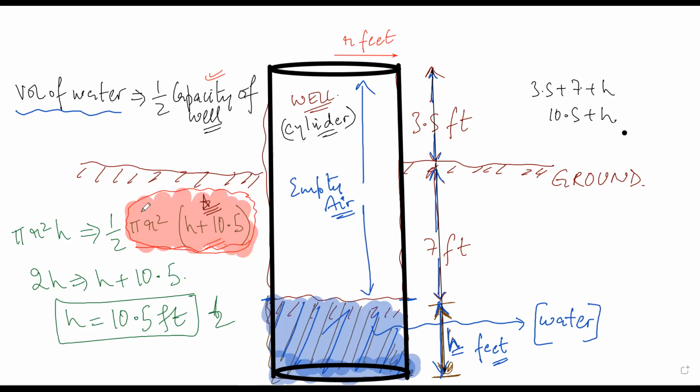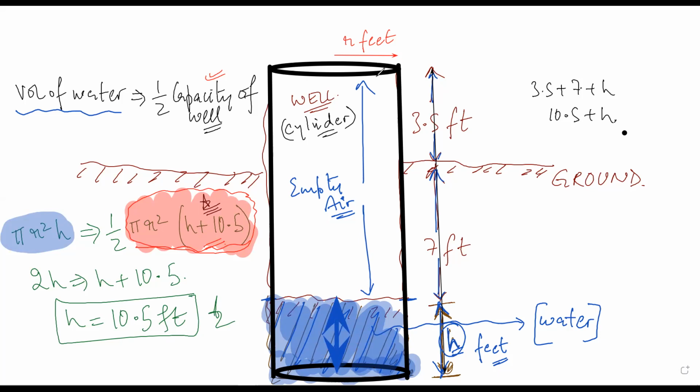Now half of this is the volume of water. The volume of water is this portion, and this would be equal to pi r square h, where h is the height where you will find water. Satya, have you understood? Yes, sir.